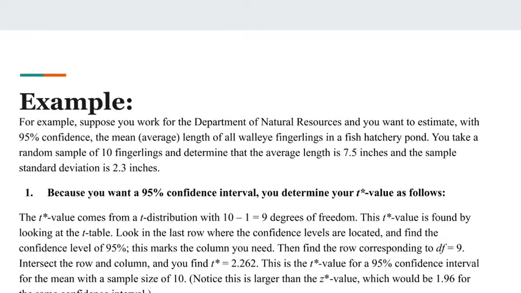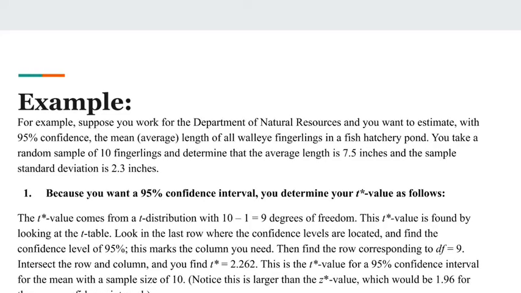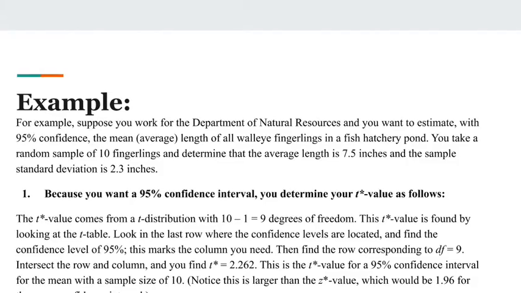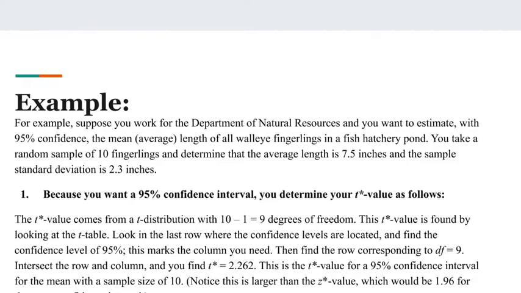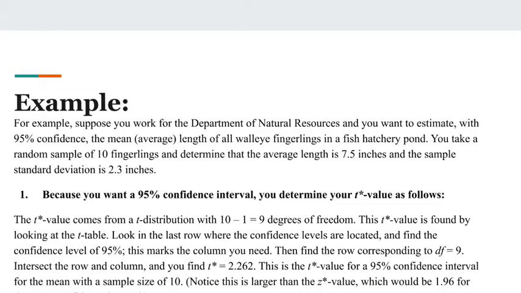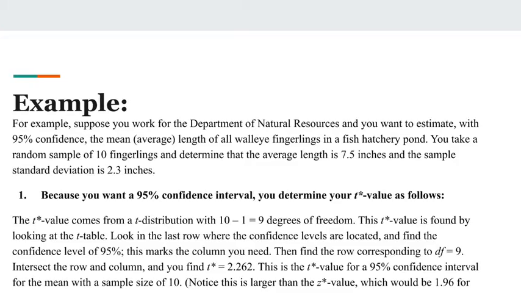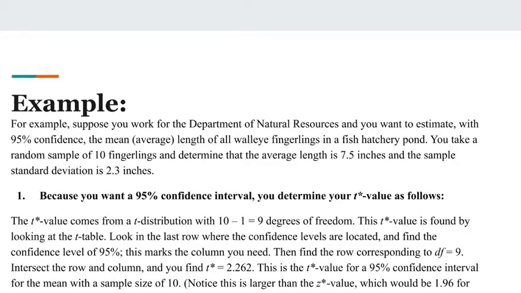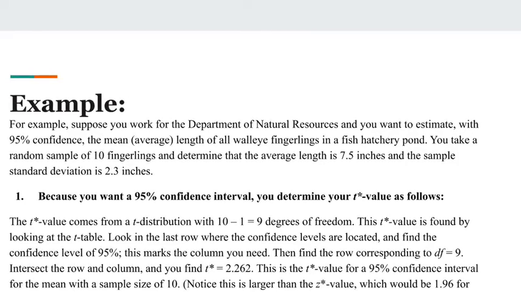If you look in the last row where the confidence levels are located and find the confidence level of 95%, this marks the column you will need. Then, finding the row corresponding to df equals 9, you will intersect the row and column and find t equals 2.262. This is the t-value for a 95% confidence interval for the mean with a sample size of 10.